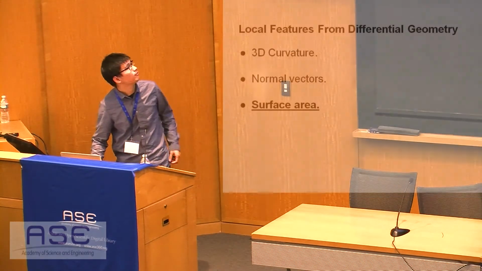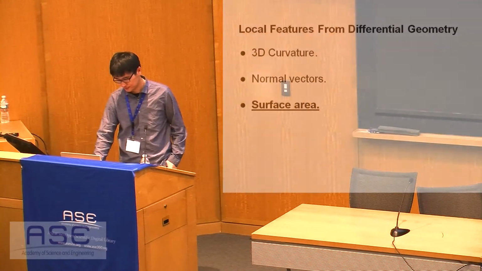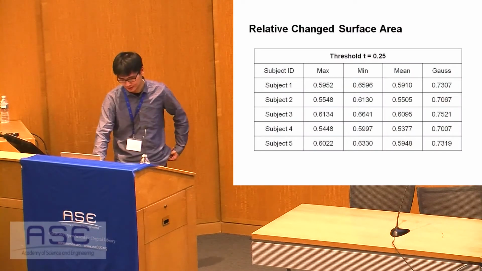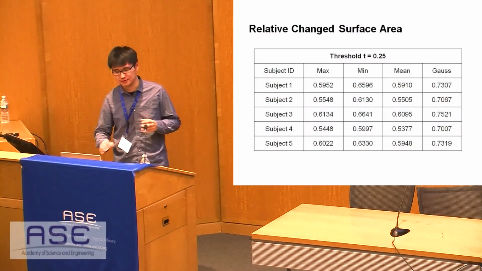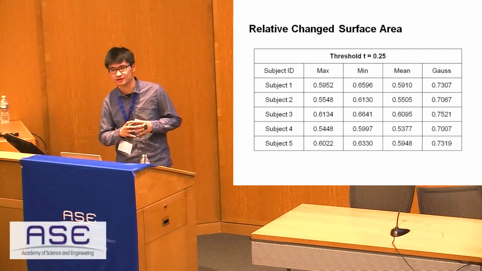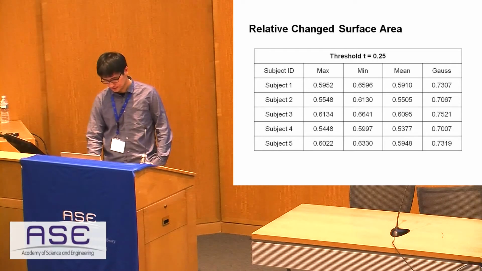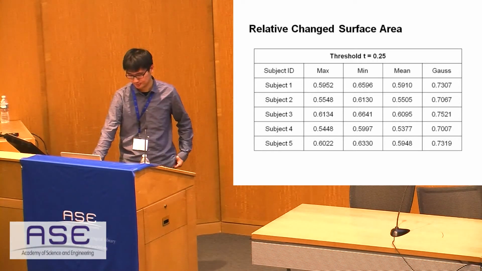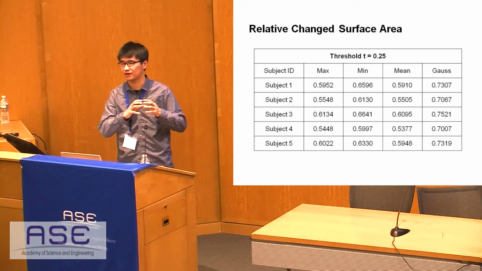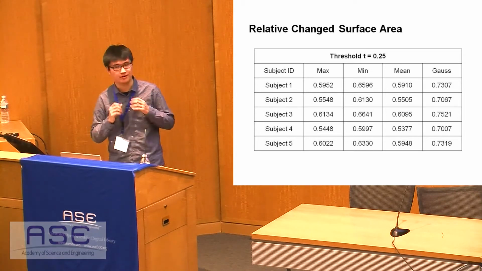The last thing I want to introduce is the surface area. It's a little bit complicated, but as you can see from this image, we already have the comparison based on curvature. To consider the surface area, for each point on the pre-surgery surface, we already have a value of that comparison, right?